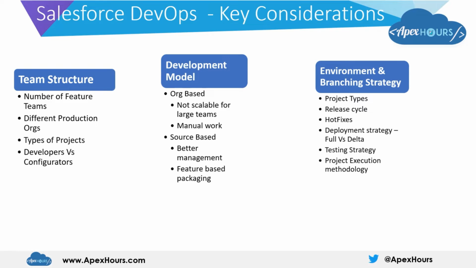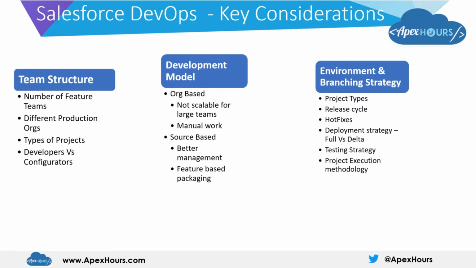So in those kinds of scenarios, source-based development is going to help us, where your source of truth is always going to be your repository. Instead of depending on production, you will be using the repository and branching out. There will be a master repository, and you will be branching out a development repository from the master.